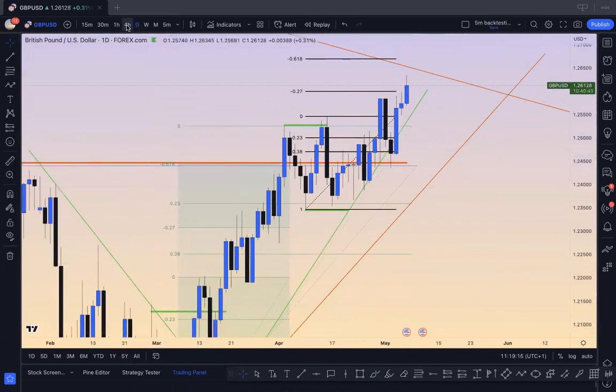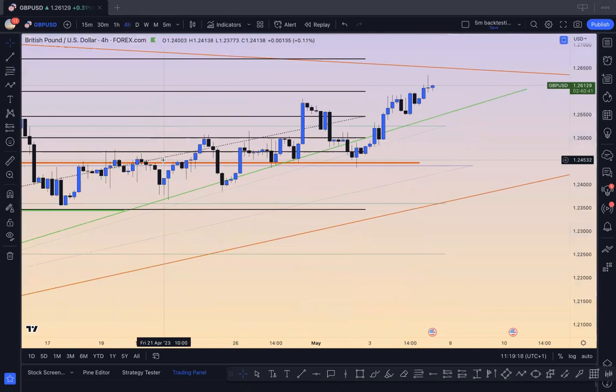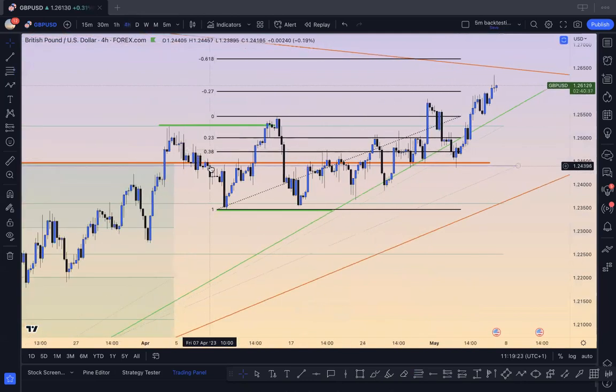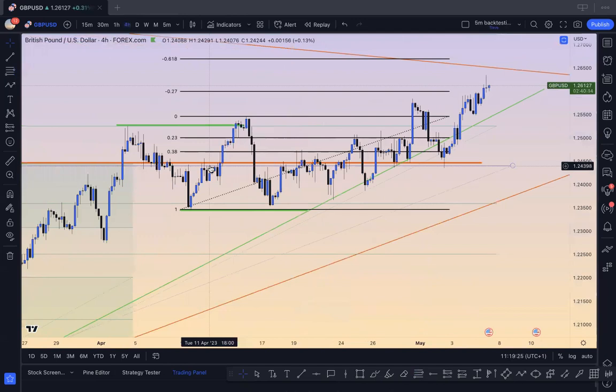So GU now is where we start to analyze price. As soon as it broke this one, I had this low and I was looking for it to be retested.